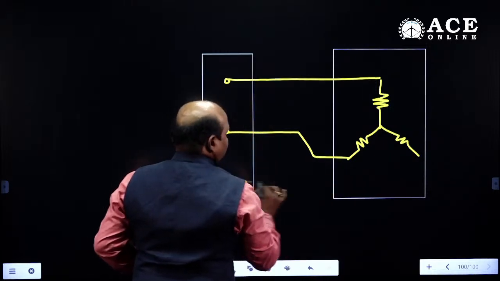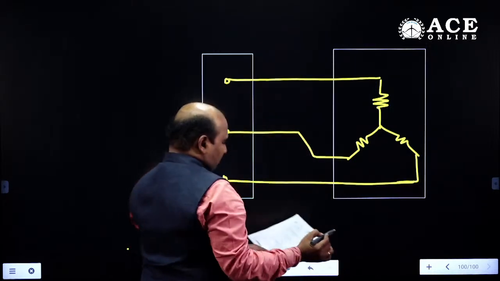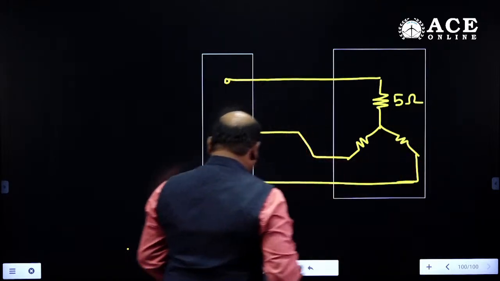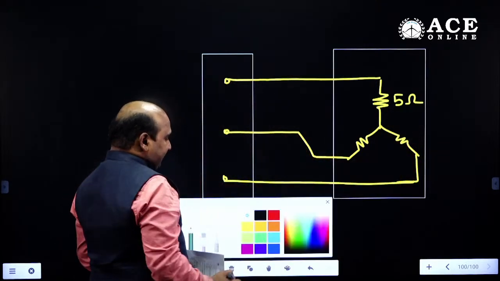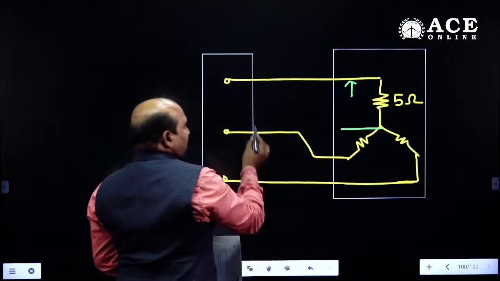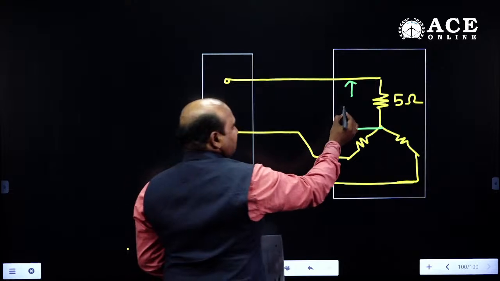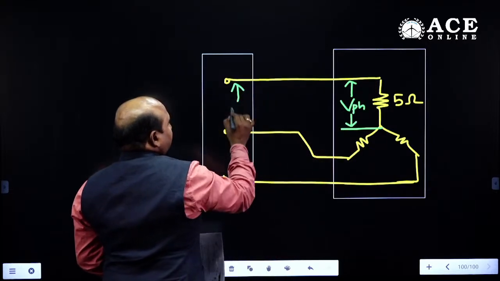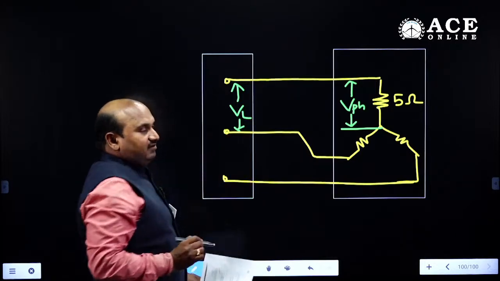Here the resistance value is 5 ohms per phase, and the voltage across the phase is given. Here this is the line voltage, but he has given the phase voltage V phase, but here this is the VL, right.